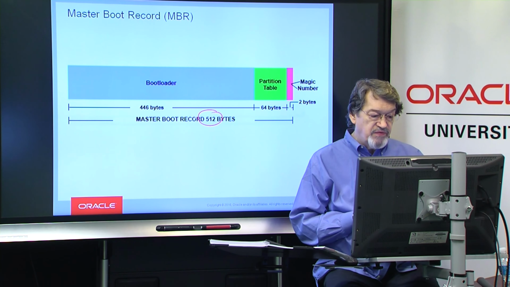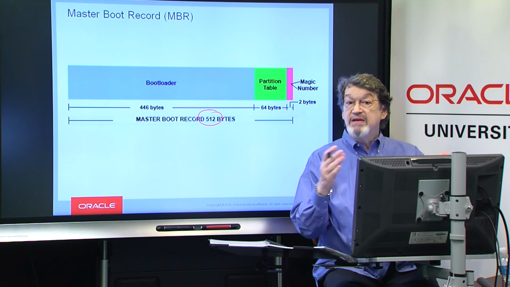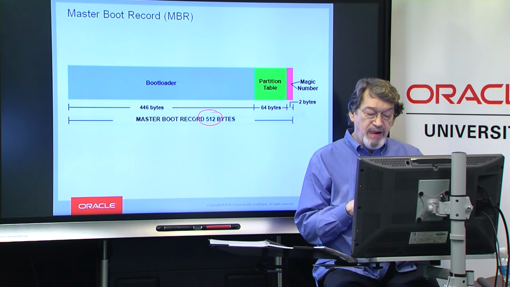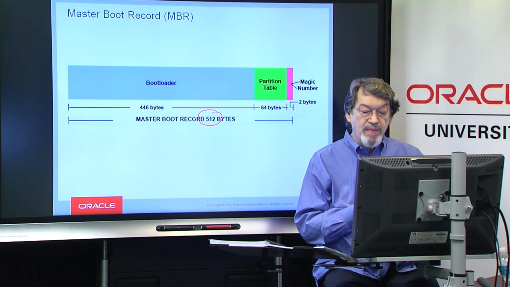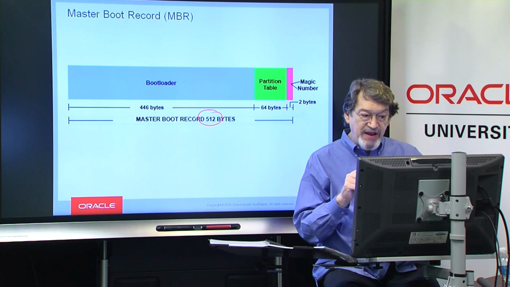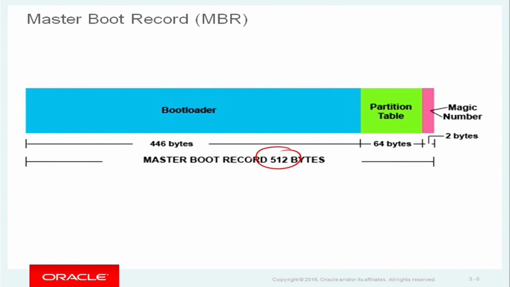But the 446 bytes are, for the most part, GRUB 2. We then have a 64-byte partition table, and then the magic number is based upon something called an endian format.